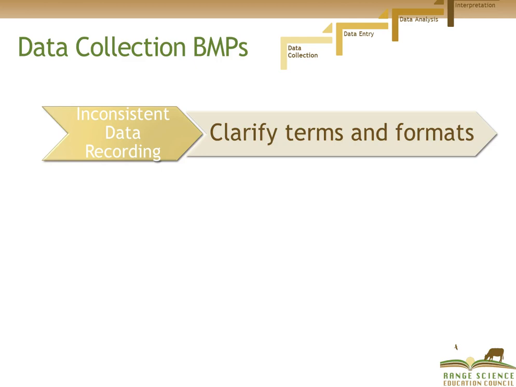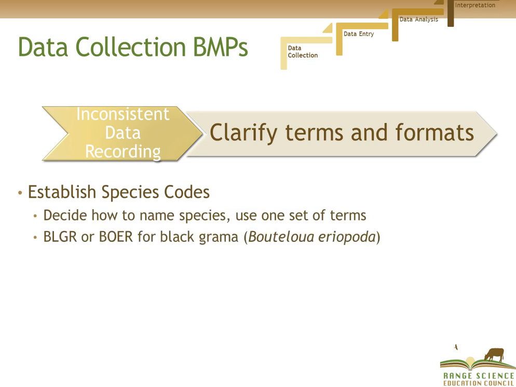This can be best addressed by clarifying the terms and the formats that we use for writing data. So for example, if we are writing the names of species, we want to make sure that we use one set of terms. If we were in an area where we could be measuring black grama, we could use a species code BLGR for black grama, or BOER for the scientific name Bouteloua eriopoda.